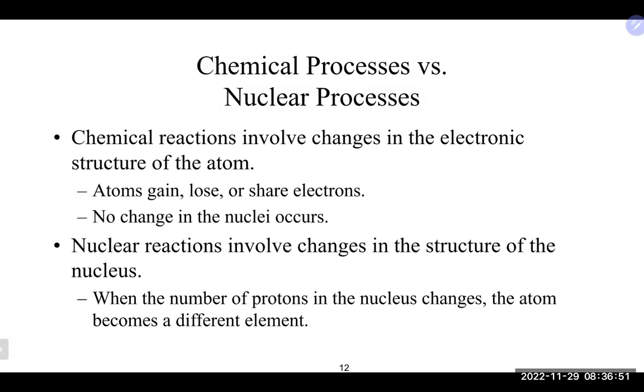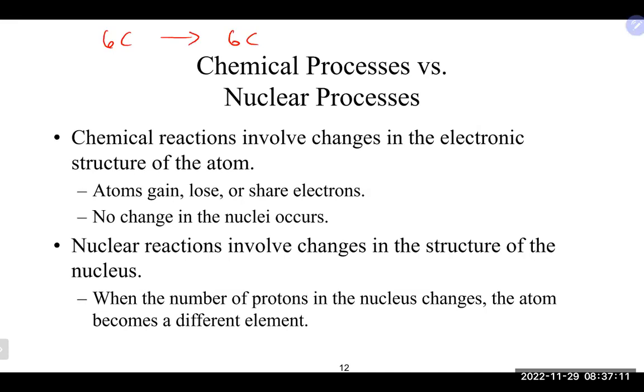Nothing changes in the nucleus in a chemical reaction. So that's why in a traditional chemical reaction, when we balance an equation, if we have 6 carbons on this side, we end up with 6 carbons on the right-hand side. They may be in different compounds, but we don't lose any elements.